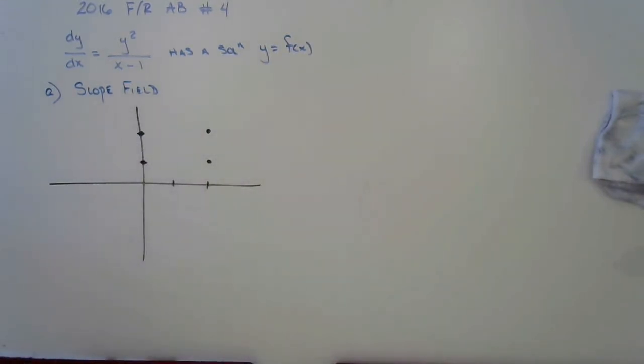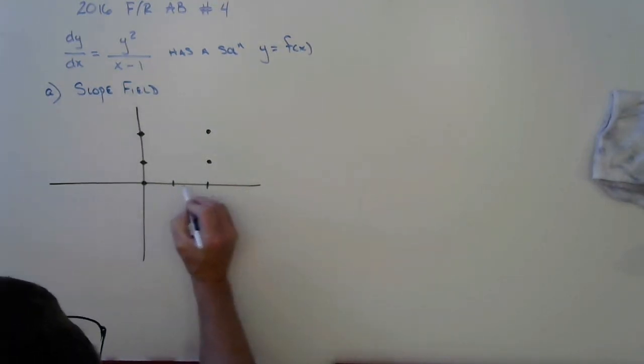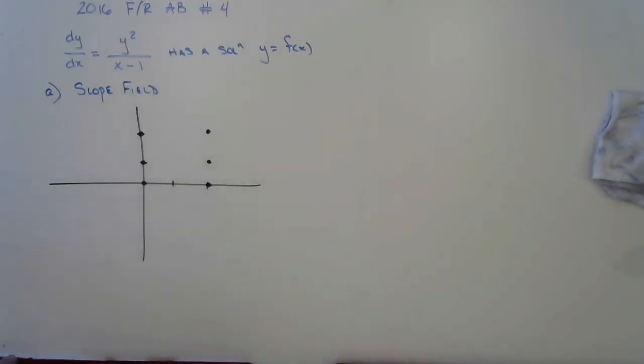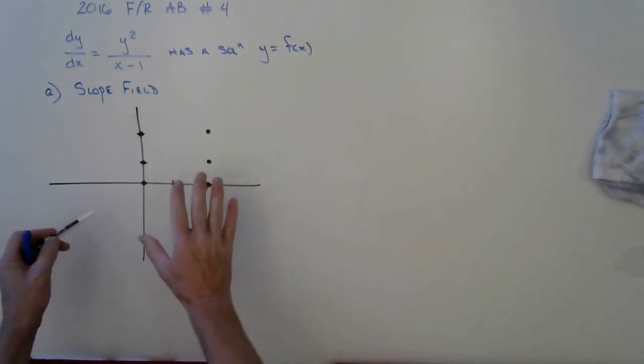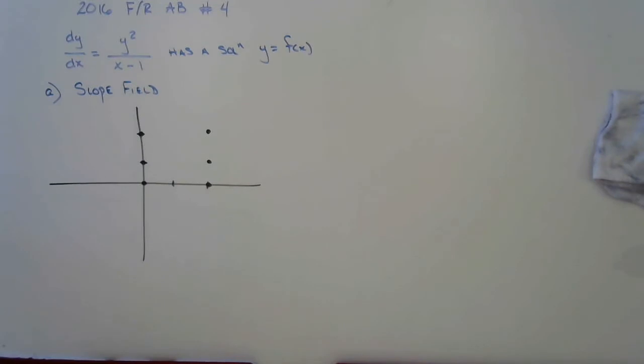All right, there's 4 points on the curve. I apologize. There are also points at 0, 0 and 0, 2. All right, so they give us this. This is what would be on your answer document, this picture right here. And what do they want me to do? They want me to draw the slope at each of these points.